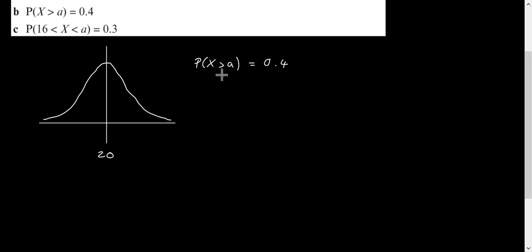Now, greater than means that we're looking at the area to the right of a value. Okay, so greater than a means we're going to be shading into the right of a. The probability is 0.4, which is less than 0.5. So again, actually, our a is going to be to the right of the mean.